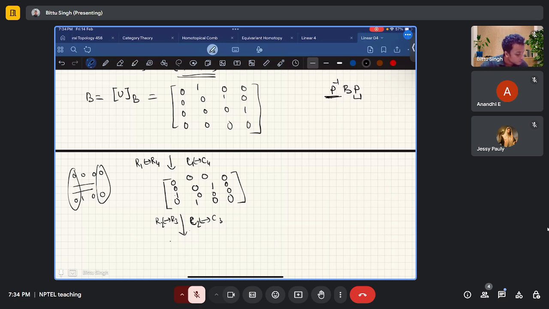Okay. So R2 R3. Exchanging the second and third rows will make it 0 0 1 0 on the third row and 1 0 0 0 on the second. So now again we need to exchange those two columns. So in between it will be 1 0 0 0, and it is 0 0 here, 0 1 here, and after that 1 0 0 0, and the others are fixed, 0 0 0 0.